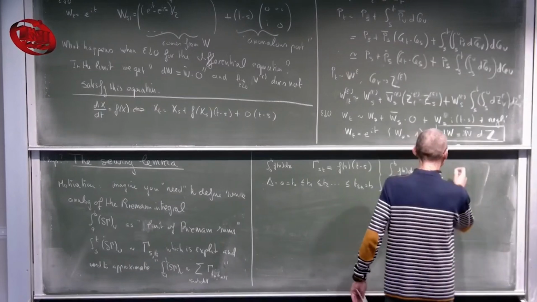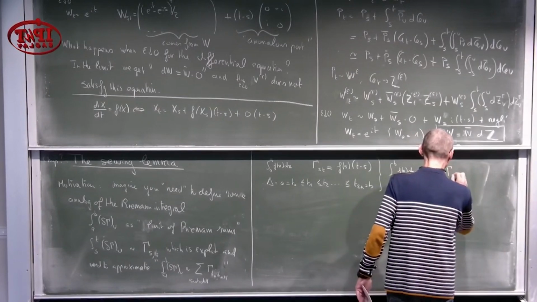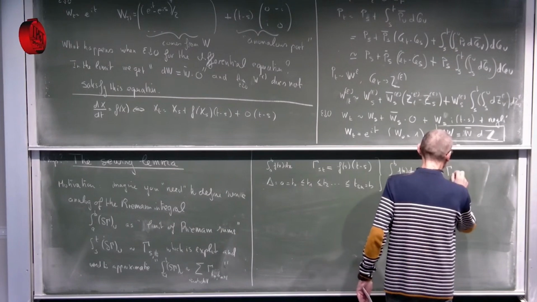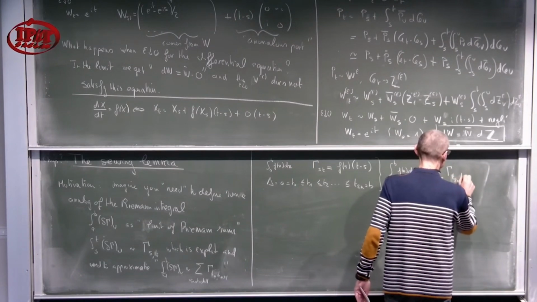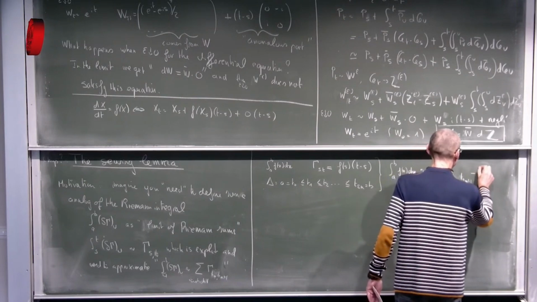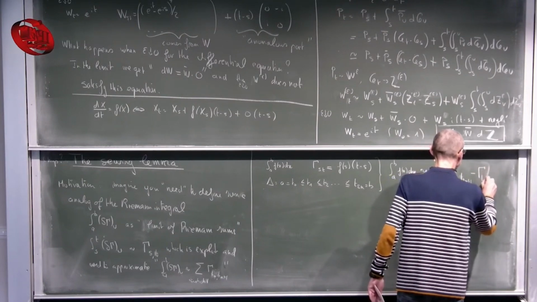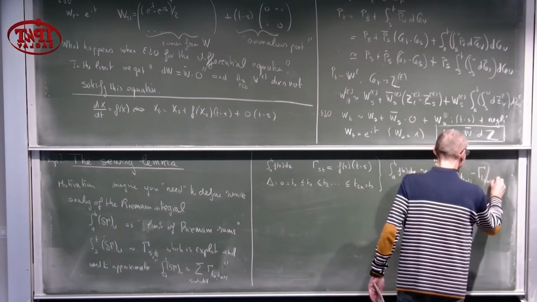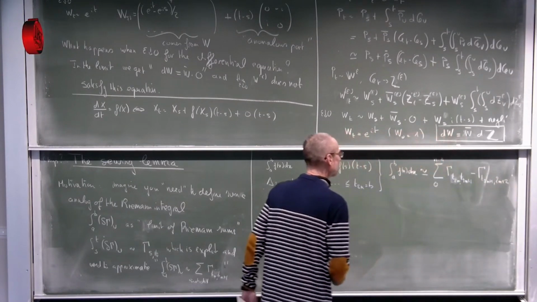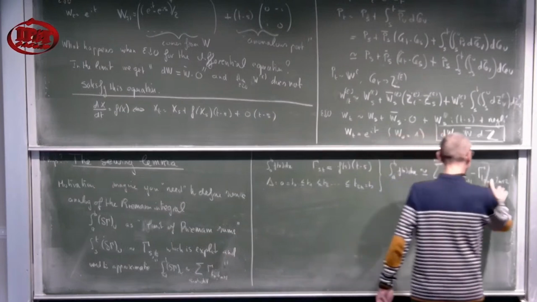This is gamma of t_{2m} to t_{2m+1} minus gamma of t_{2m+1} to t_{2m+2}, if I'm correct. I'm sorry, to 2m plus 2.